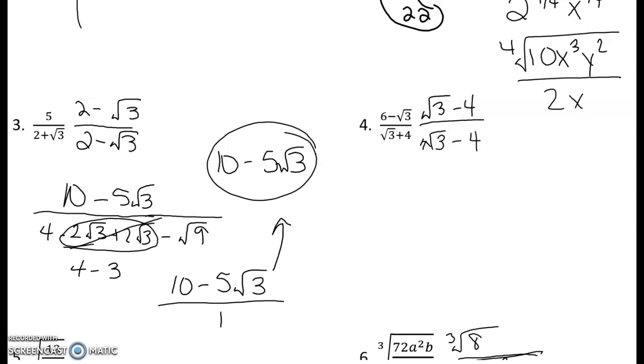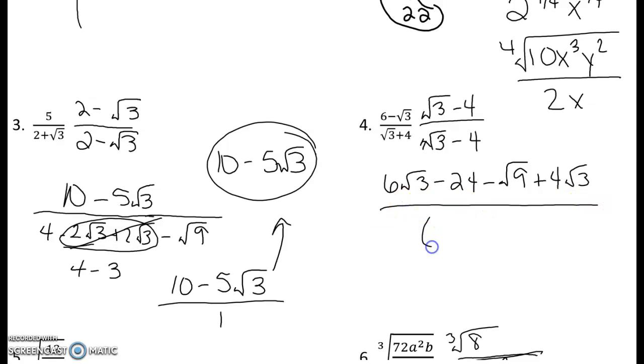On the top, I'm going to multiply everything through, so I'm going to have 6 root 3 minus 24 minus the square root of 9 plus 4 root 3. And on the bottom, you can square just the first and square the last, and make sure you subtract them. So you could just go squared minus squared.